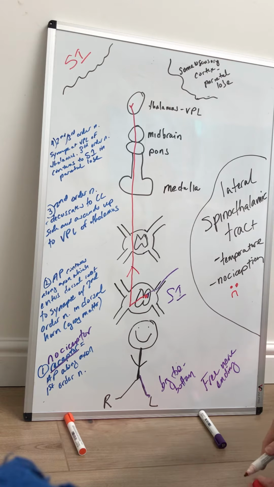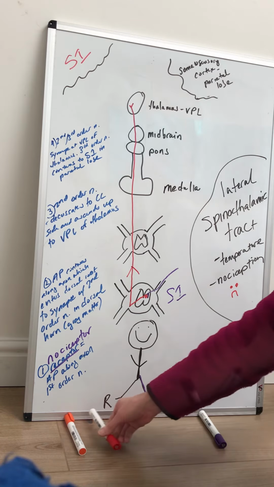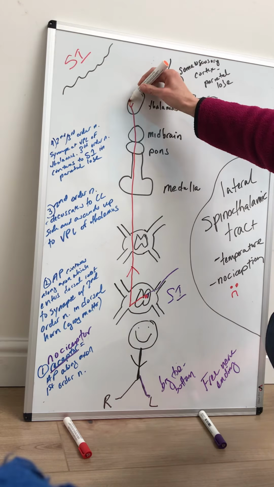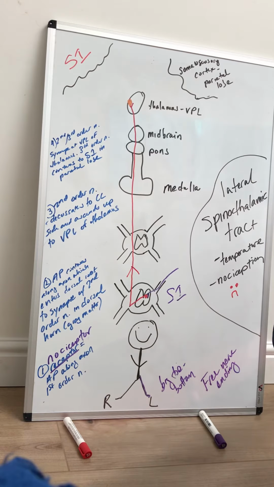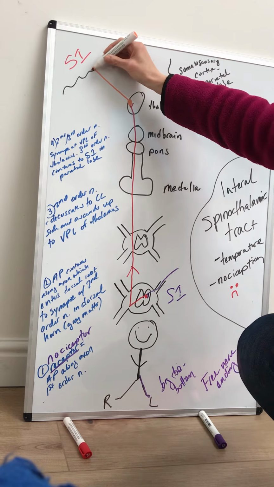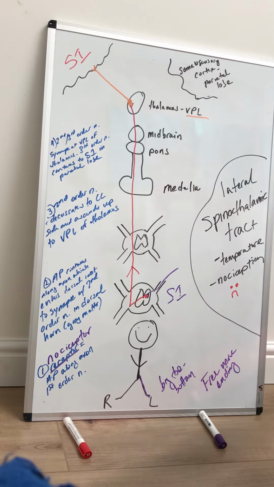But at the VPL of the thalamus up here, what you find is that you've got your second and third order neuron synapsing, okay? It's still at the VPL of the thalamus, and that is then still going to project into the primary somatosensory cortex in the parietal lobe, okay?